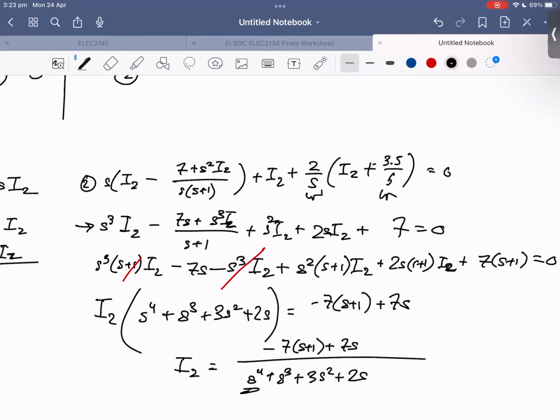So I want to, yeah. Yes. The 7S. Well, because there's an S on the bottom here. So timesing by S squared should get rid of that and then have another S. Yeah, I think that's fine, I think.